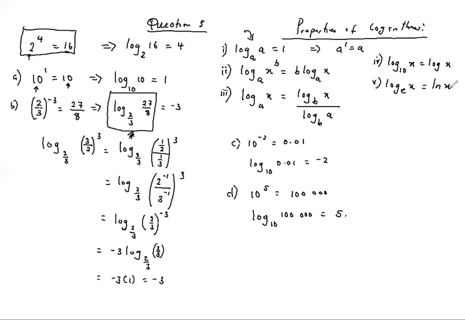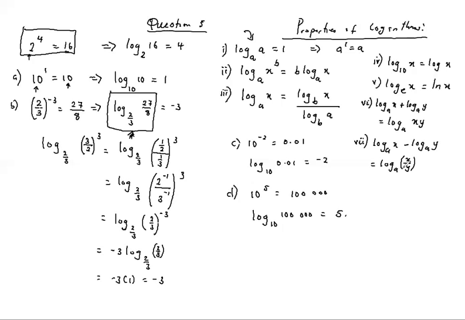Then, if I have log a x plus log a y, this is the same as log a of x multiplied by y. And if I have log a x minus log a y, this is the same as log a of x over y. So I can do all such things. Okay, you've seen the power dropping, the sum being the product, the difference being the quotient.